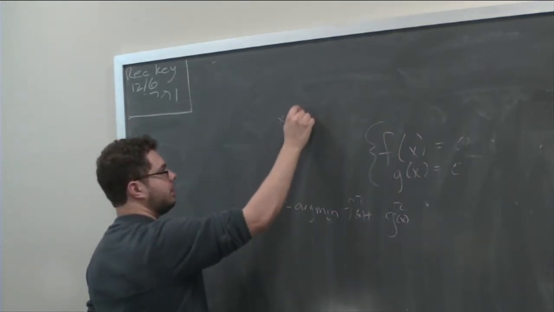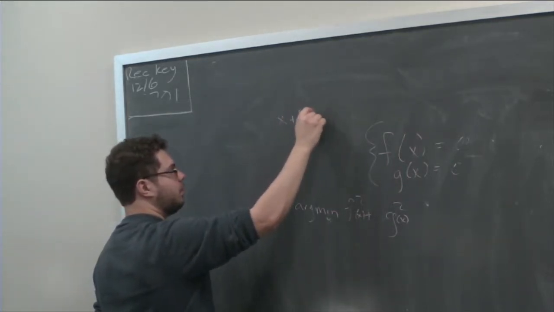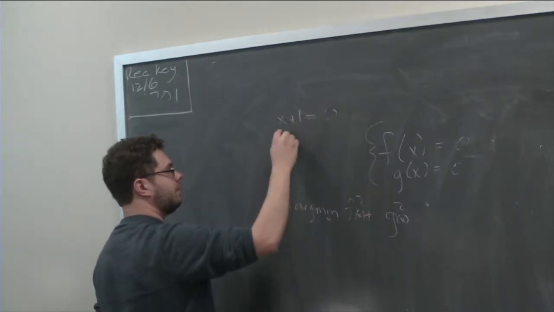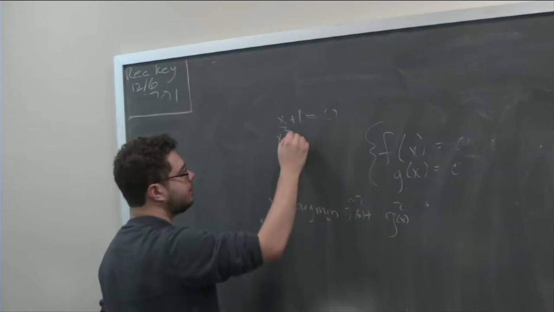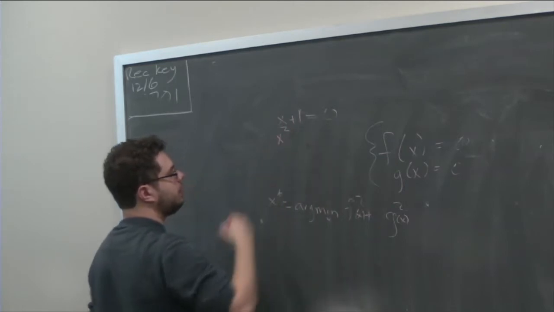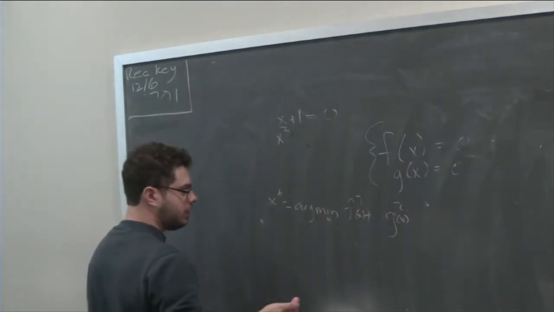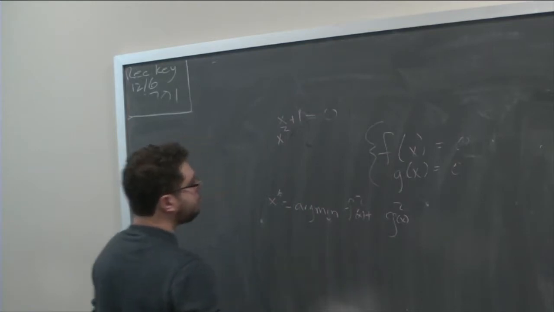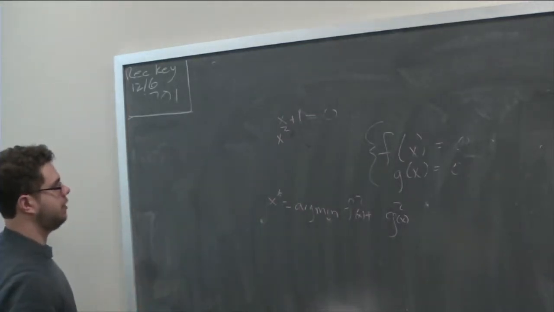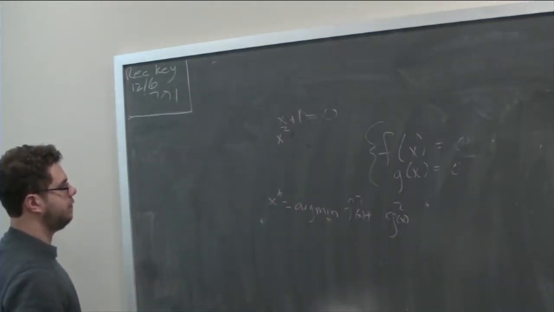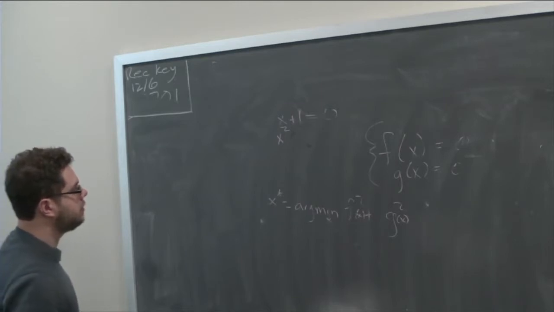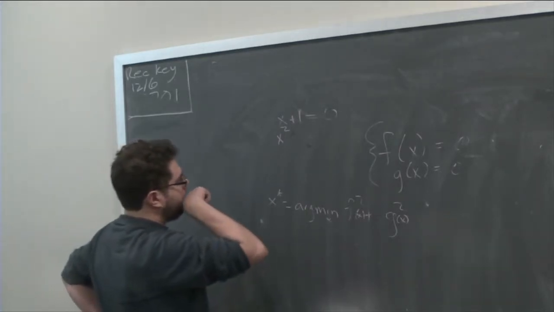Okay, x plus 1 equals 0, and x equals 0. Okay, sure. That's an awful lot of noise, though, because those aren't even close to intersecting.